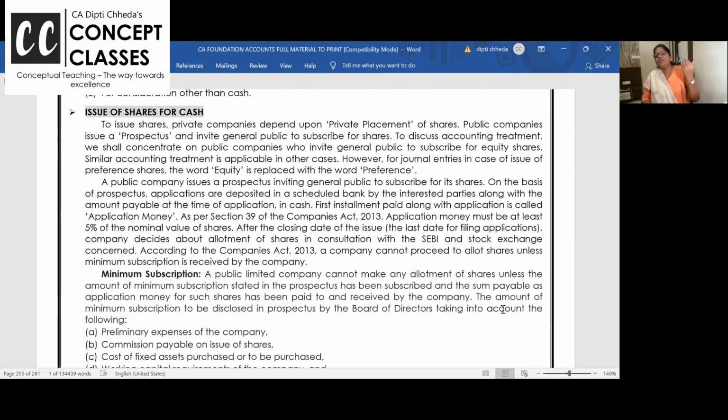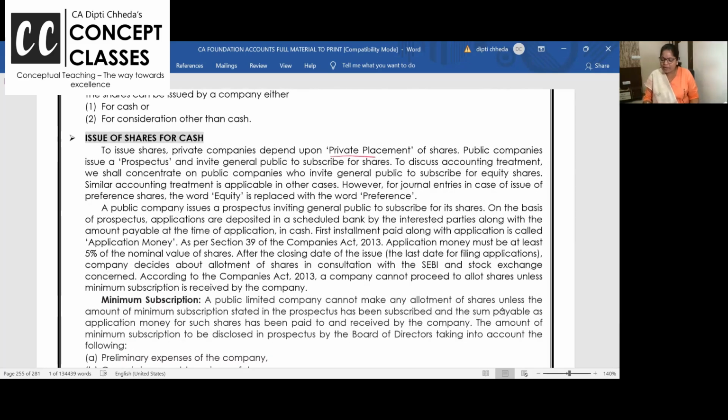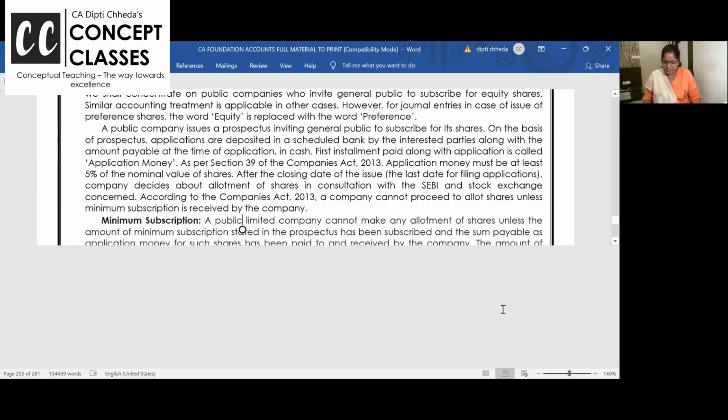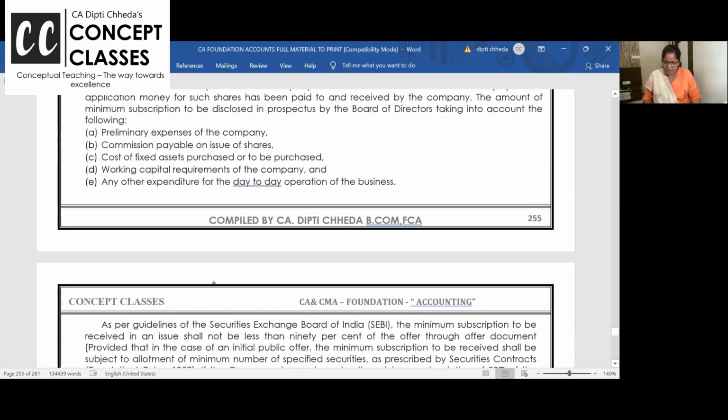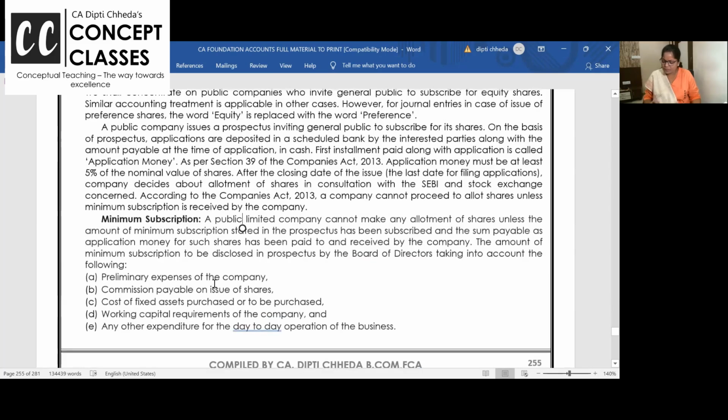Now when you want to issue the shares, you can do private placement through some agencies, or you can issue to the public through a prospectus. When there is a public issue, it could be oversubscribed or undersubscribed, and we will see how the journal entries are recorded for that.